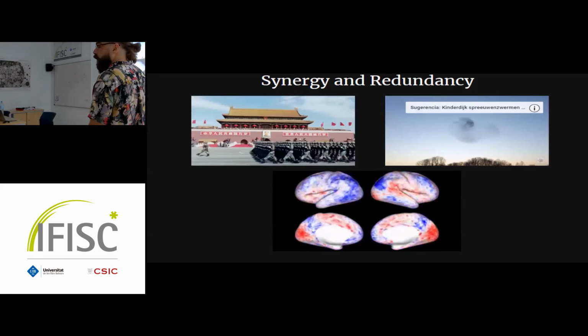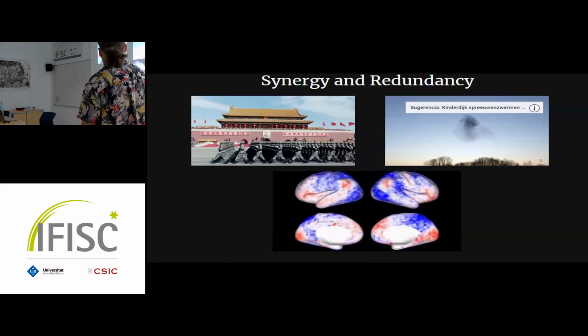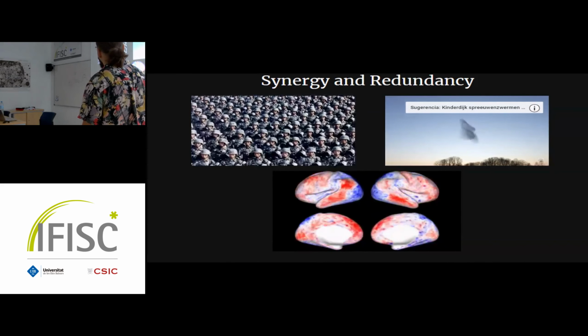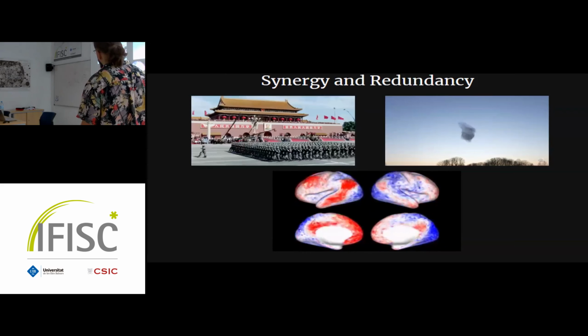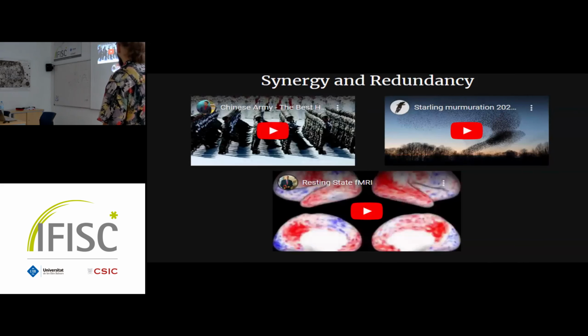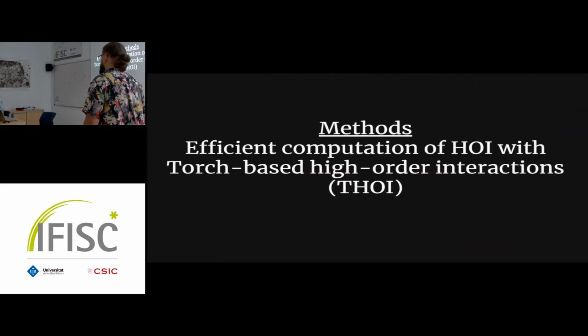And here, maybe you have both: a little bit of synergy, a little bit of redundancy as well. And okay, so this is a man-made system, this is a nature-made system. Well, this is a nature-made system as well. We made it. And this is the brain, which also shows these kinds of patterns of collective coherence and also some kind of low-order segregation.